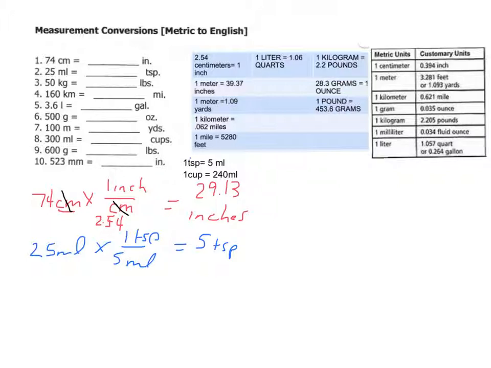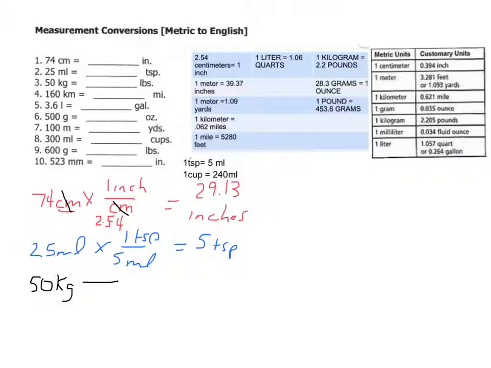On number 3, we have 50 kilograms, and we need to convert that to pounds. We look at our chart, and if you'll look at the blue chart on the third column, 1 kilogram equals 2.2 pounds.